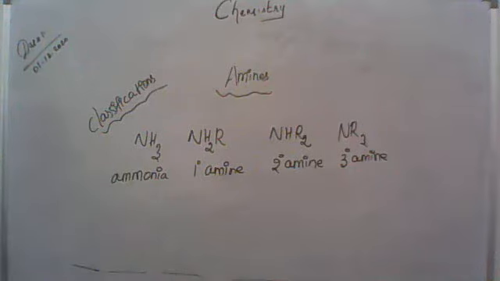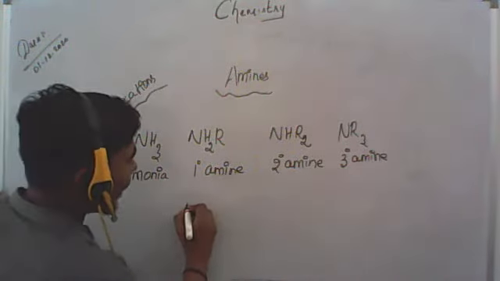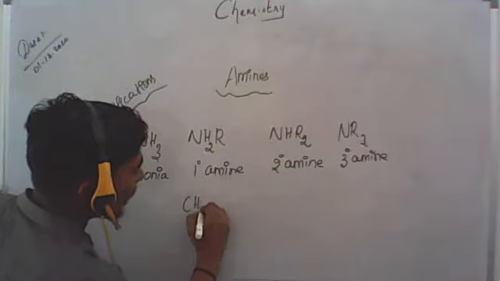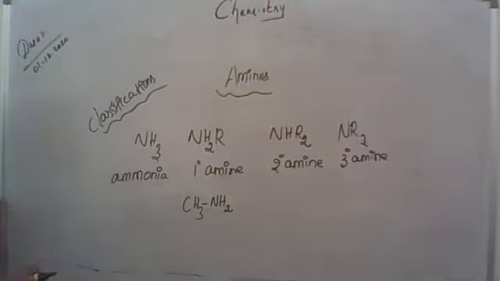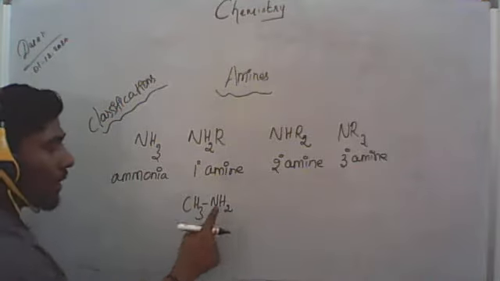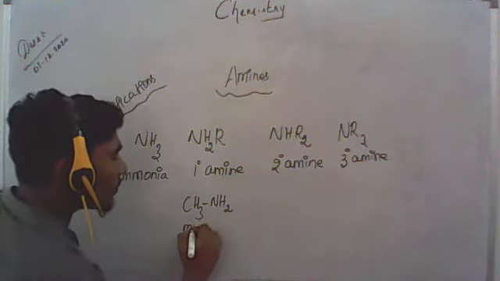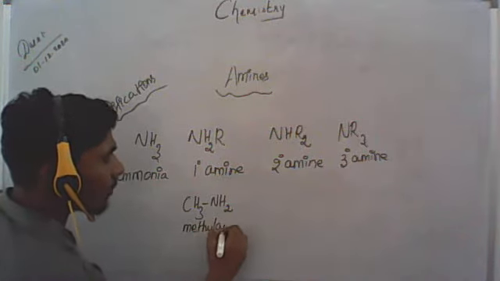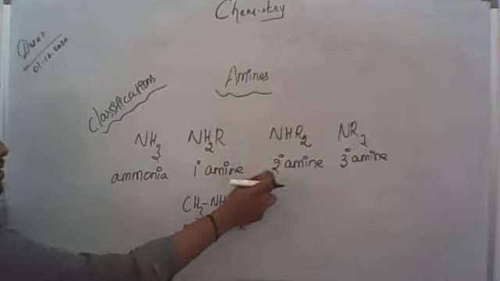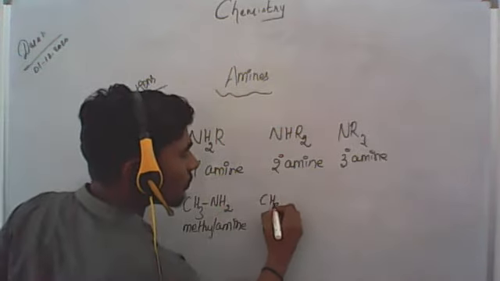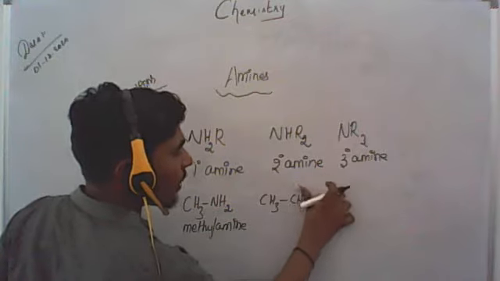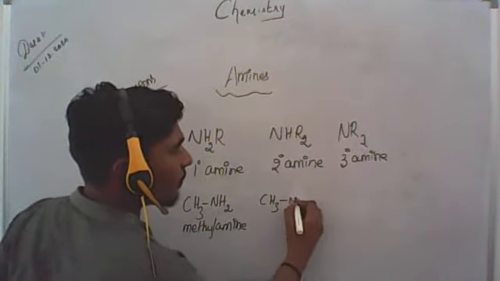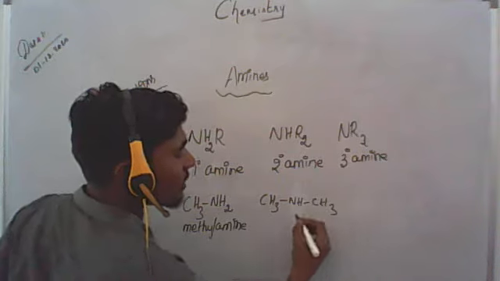So for examples, primary amine, see here, CH3NH2. What is the name? It is a methyl group and amine. Its name is methylamine. Another example, CH3NHCH3.